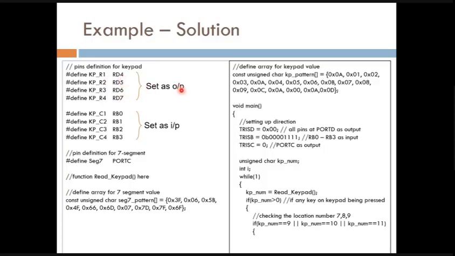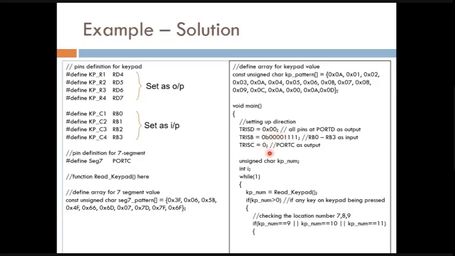And for TRISB, since we are using the first 4 bits as input, you set the first 4 bits as input and the rest as output.